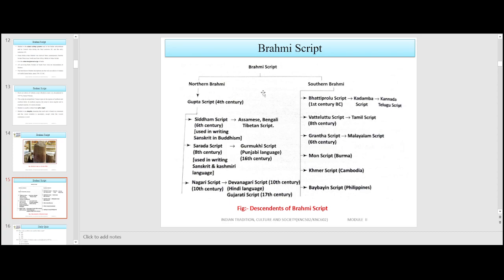So this is the complete part of the script. When you have to write in the exam about the evolution of script and languages, it particularly asks about the script. So you have to start with the Harappan script.